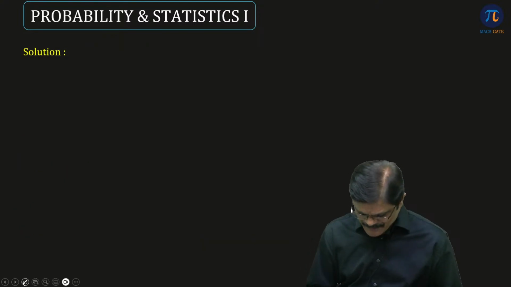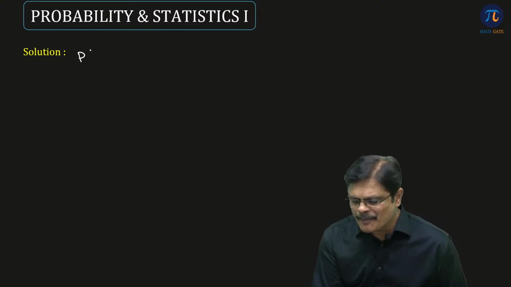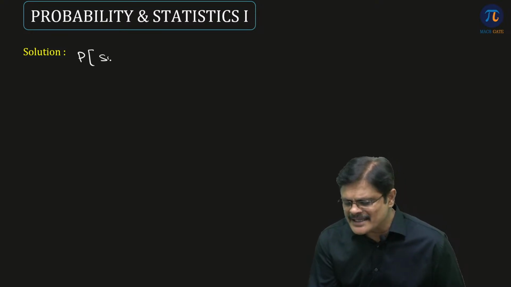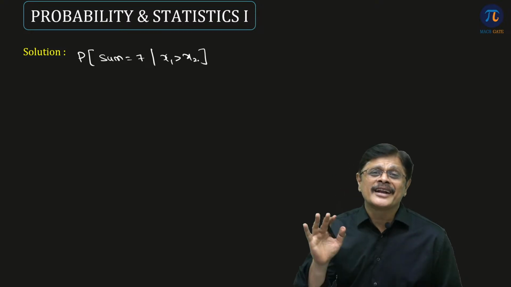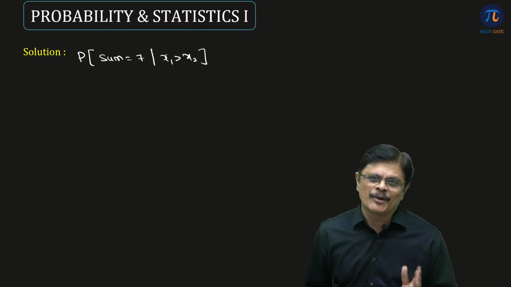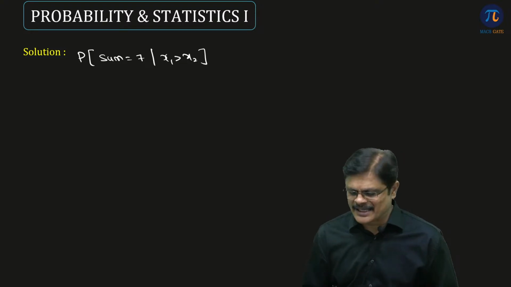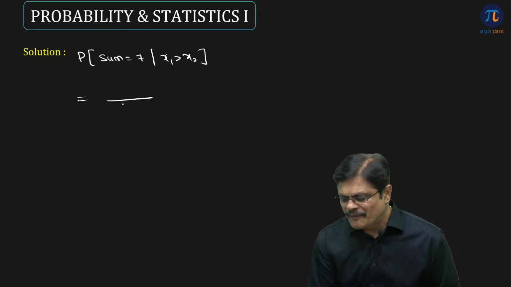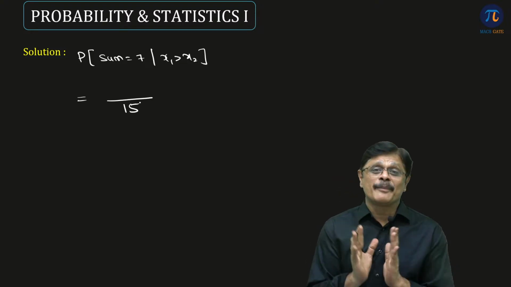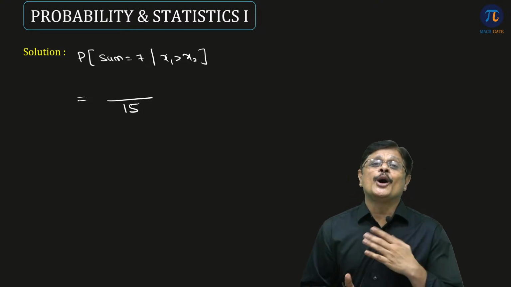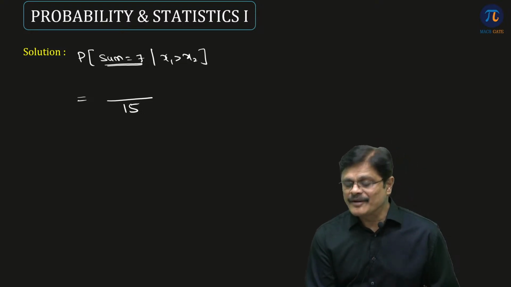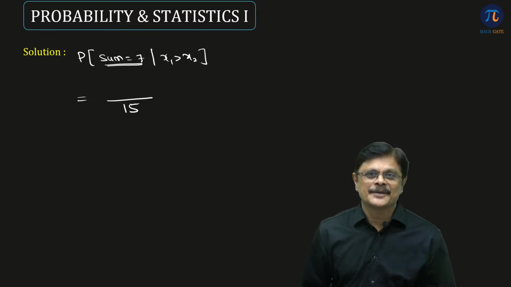Am I clear? So what is the probability of getting sum equal to 7 when x1 greater than x2 has already happened? That is, the outcome on the first die is greater than the outcome on the second dice. So here 15 outcomes happened. Out of the 15 outcomes, how many are favorable for giving you sum equal to 7?